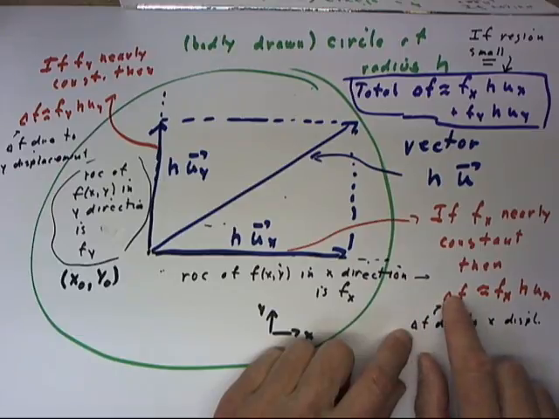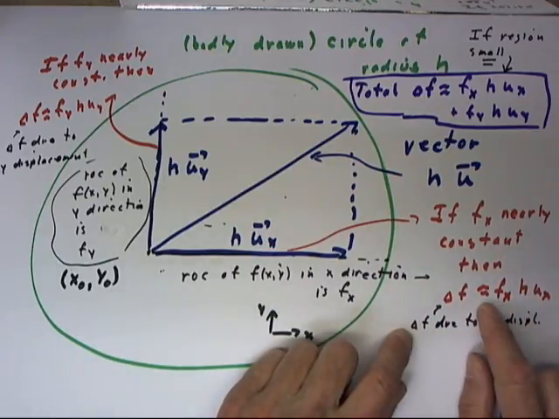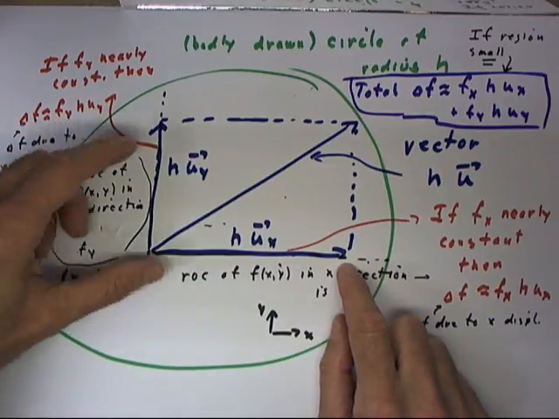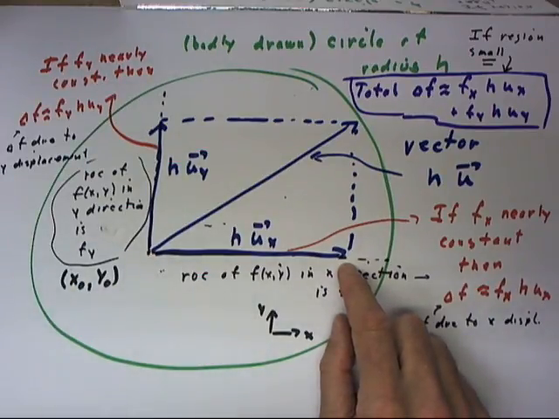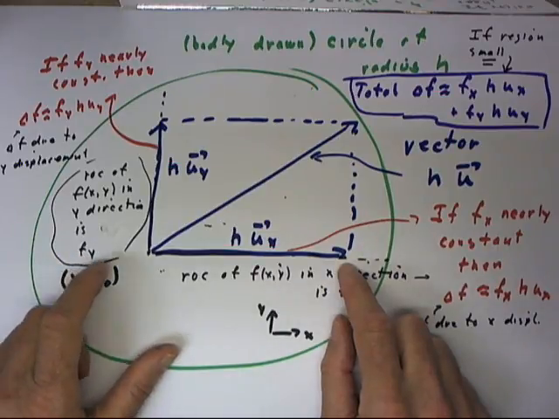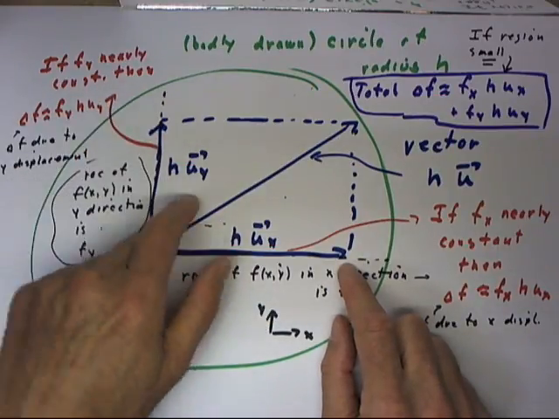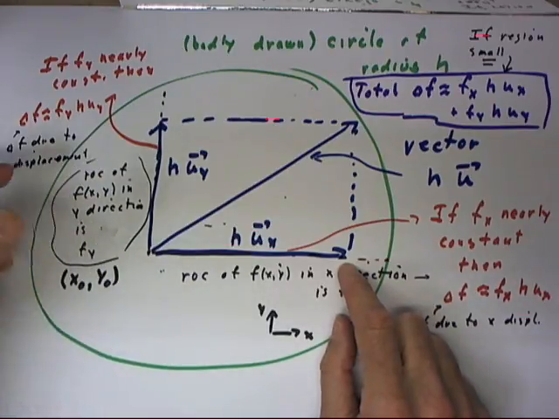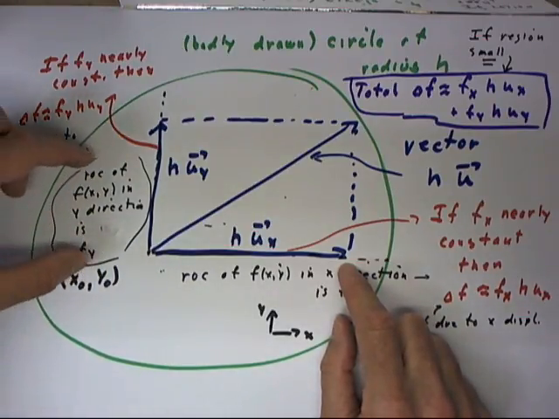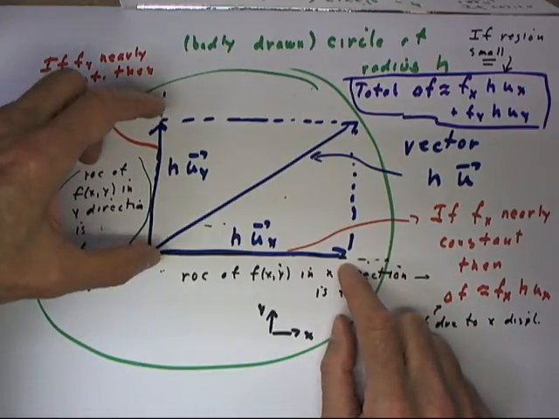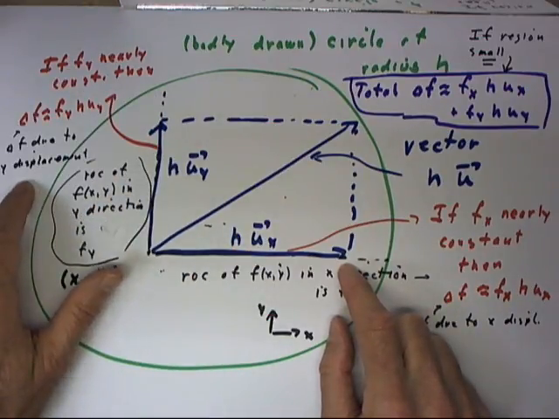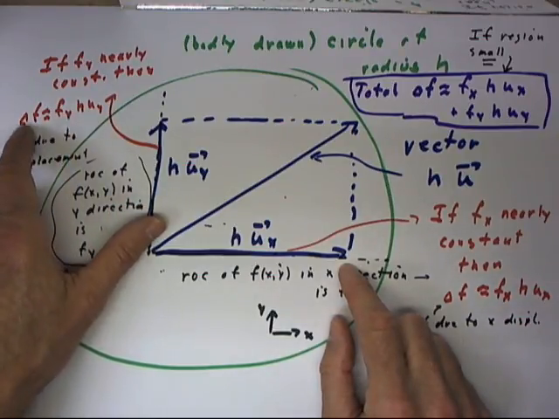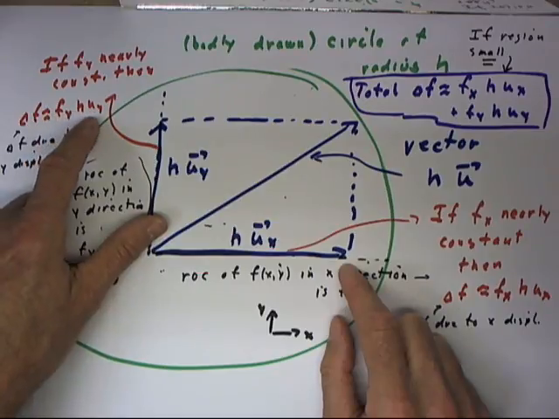So we're going to say this is the delta f due to the displacement in the x direction, and the delta f due to the displacement in the y direction will very similarly be the product of the displacement hu sub y times the rate of change of f with respect to y, the rate of change of f as we move in the y direction, and we get this expression: delta f equals fy times hu sub y.